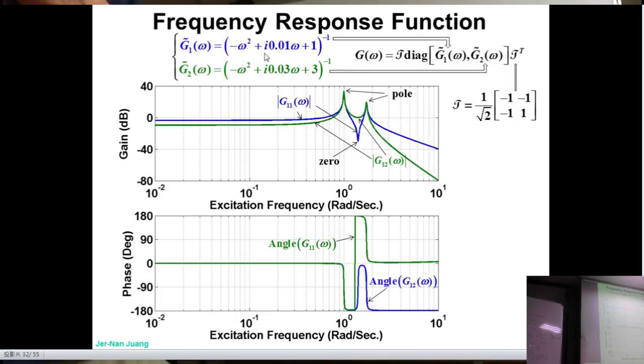Because look at this. That's your denominator. Do you remember that? That's your denominator for your second order system, for your coupled system. So you plot, and basically you have two plots from your denominator. When you add them together by the transformation matrix, then you get all the coupling back.